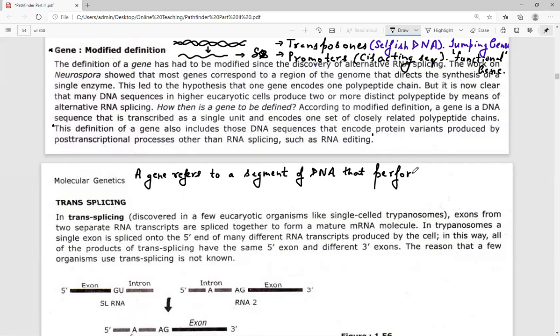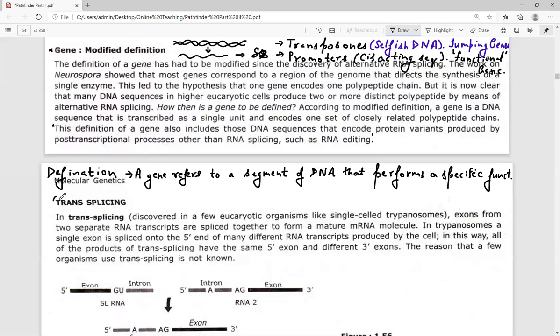So a segment of DNA that performs a specific function is referred to as a gene. This is the accurate and the most modern definition of the gene. So any segment of the DNA that performs any function will be referred to as a gene. This is the new and the modern definition of a gene.